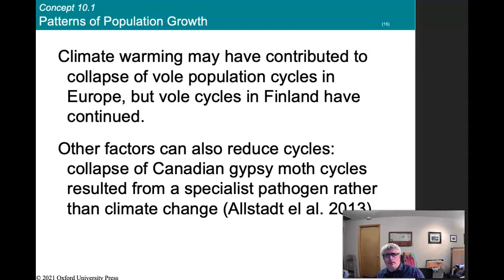And climate warming may have contributed to the collapse of vole population cycles in Europe, but vole cycles in Finland have continued. There's some other examples where the Canadian gypsy moth cycles have resulted from a specialized pathogen rather than climate change. But there's lots of ways that populations can vary.